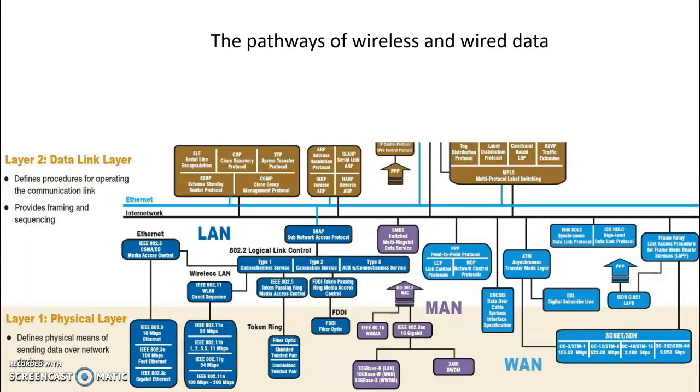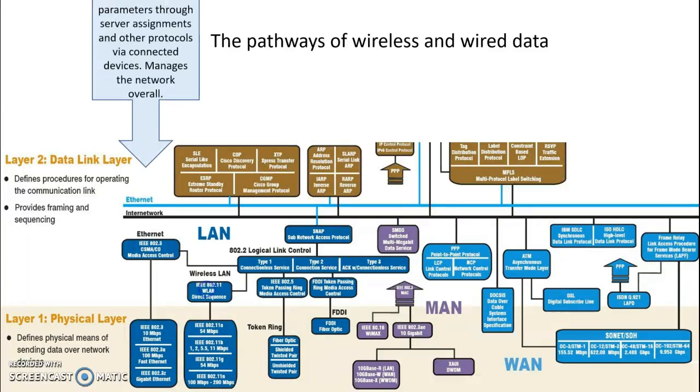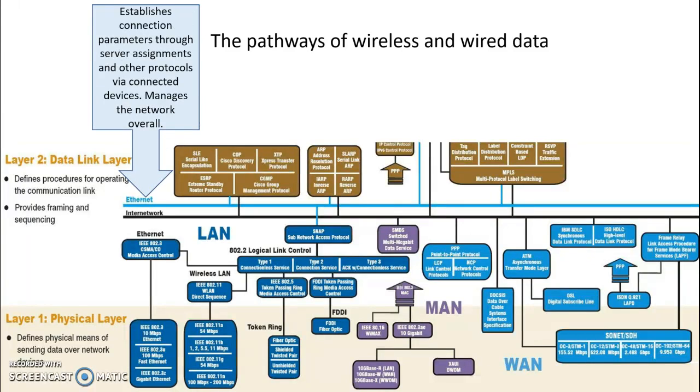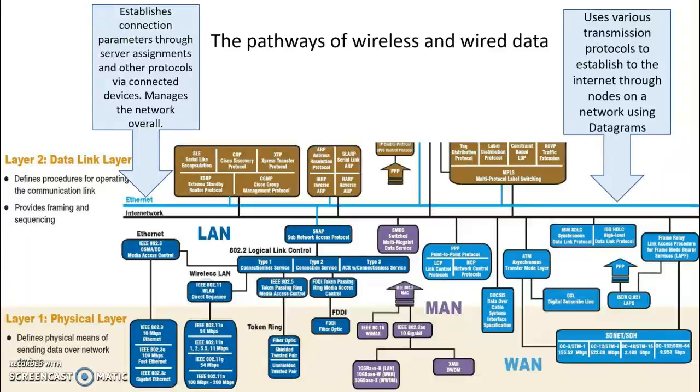The pathways of wireless and wired data. Ethernet establishes connection parameters through server assignments and other protocols via connected devices, and it manages the overall network. Whereas wireless uses various transmission protocols to connect to the internet through nodes on a network using datagrams.